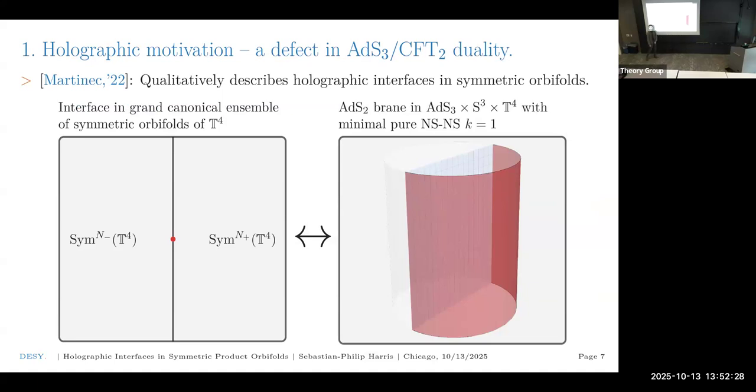I'm also confused about the terminology interface in grand canonical ensemble, and then you have a specific n plus and n minus. That's right. So for the simplicity of this picture, I put explicit n plus and n minus. And for most of this talk, I'm going to talk about how, first of all, you construct this at fixed n minus and n plus.